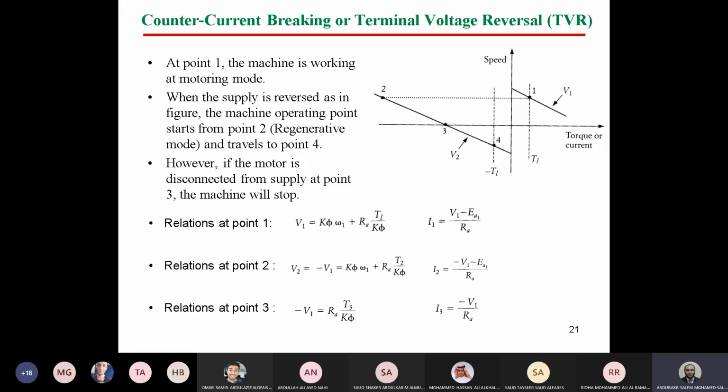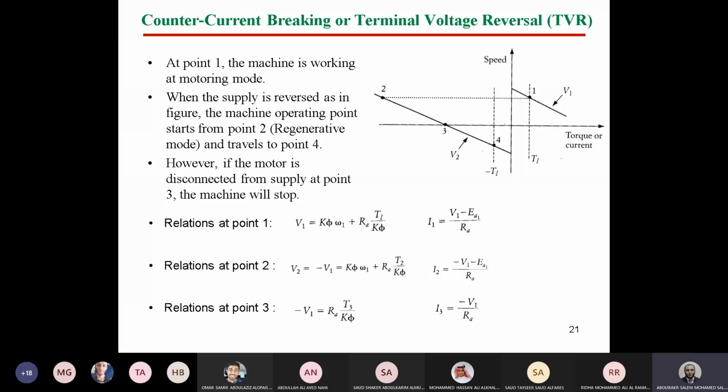Let's discuss in detail the dynamics during the transformation from positive to negative speed. As we discussed previously, the motor cannot change its speed in zero time. So in order to move from point number 1 to point number 4, which is the reverse motor operation, there are some steps in between the motor has to follow.